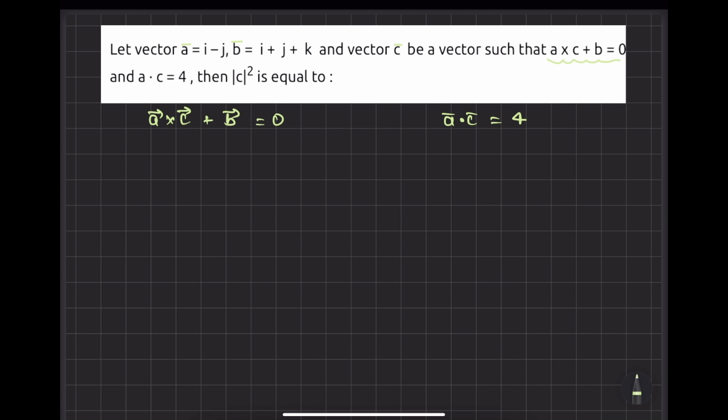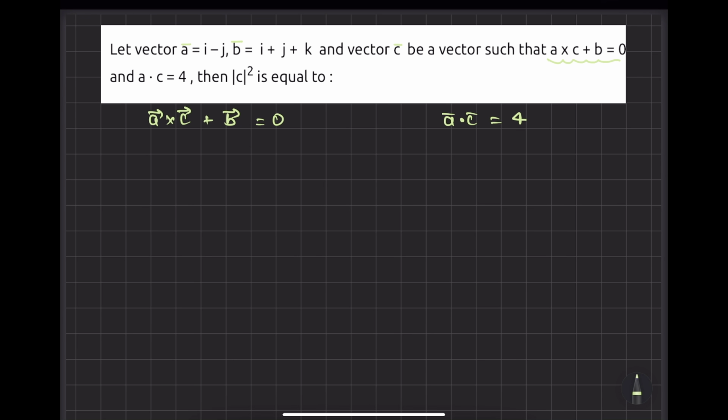Okay. Now, if you observe the question, they have given you cross as well as dot. So we should think about cross product, vector triple product.